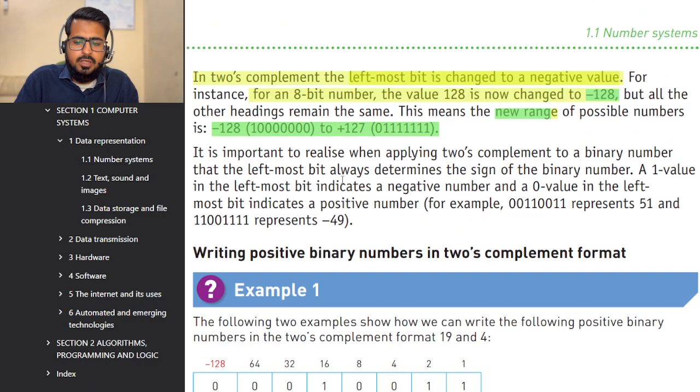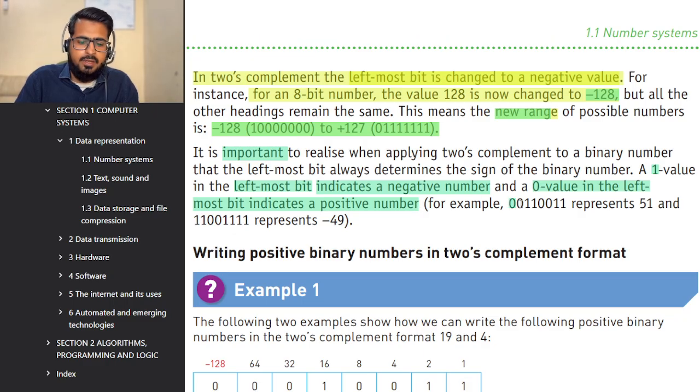All right. The important thing that I already told you: if the leftmost bit is equal to 1, it will indicate a negative number. And if the leftmost bit is 0, it will indicate a positive number, right?